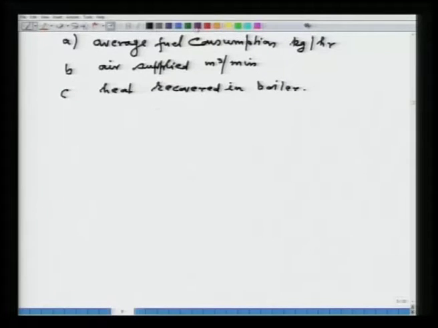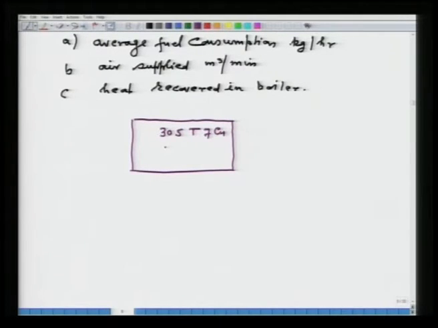So, what this problem tells is that we have, say, 305 tons of copper melted and its temperature is raised to 1327 degrees Celsius. Now, this is an oil fired furnace, that is the fuel oil, and its composition, you have carbon, hydrogen, oxygen.